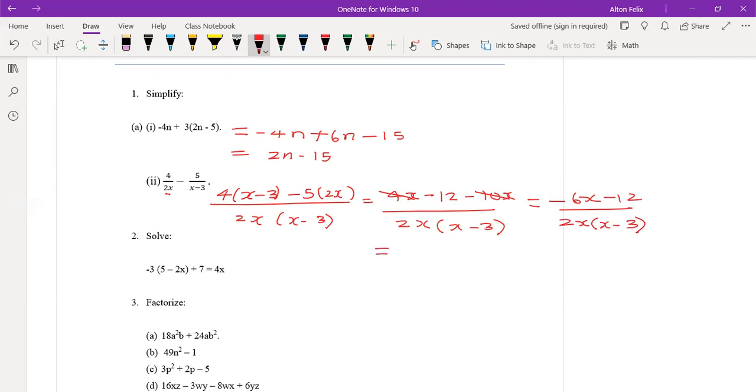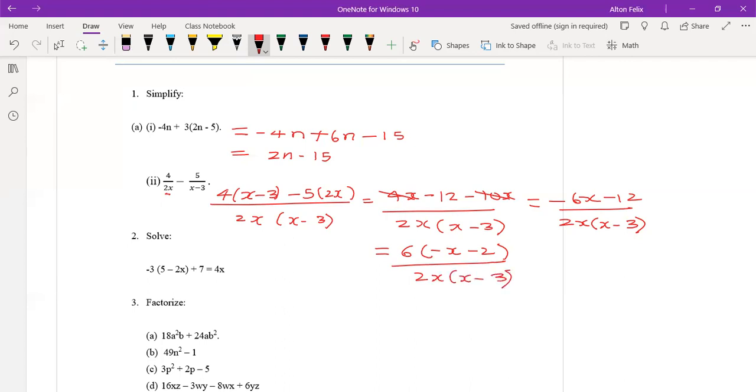So let's say we can factor out 6. This will give us 6 into minus x minus 2 all over 2x into x minus 3.